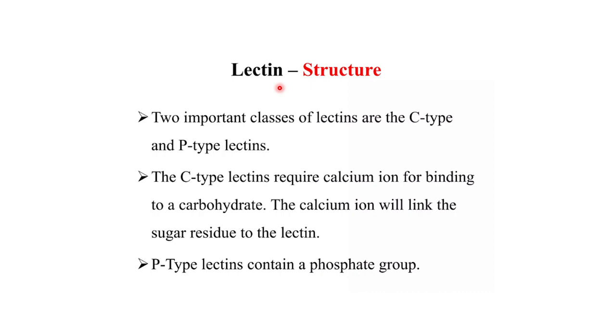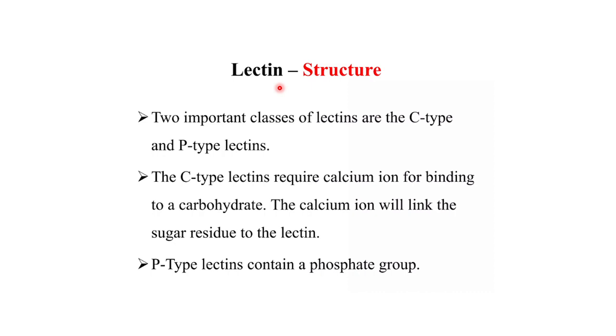The two most important are the C-type and the P-type lectins. The C-type lectins require a calcium ion for binding to a particular carbohydrate, and if you remember, it's a non-covalent type of bonding. This calcium ion links the sugar residue to the lectin macromolecule or the lectin protein.